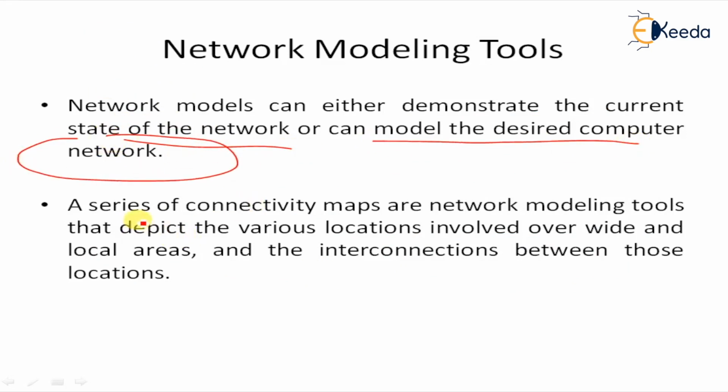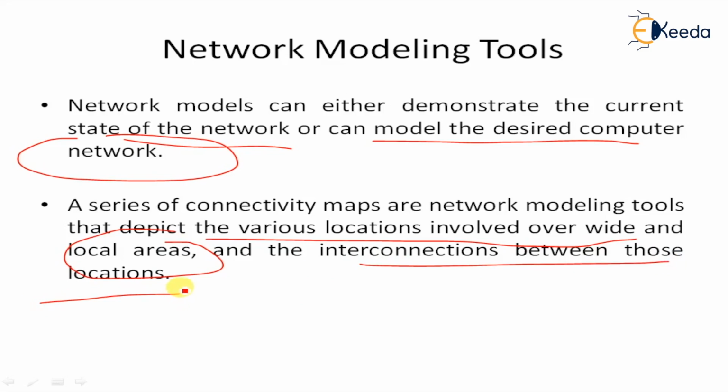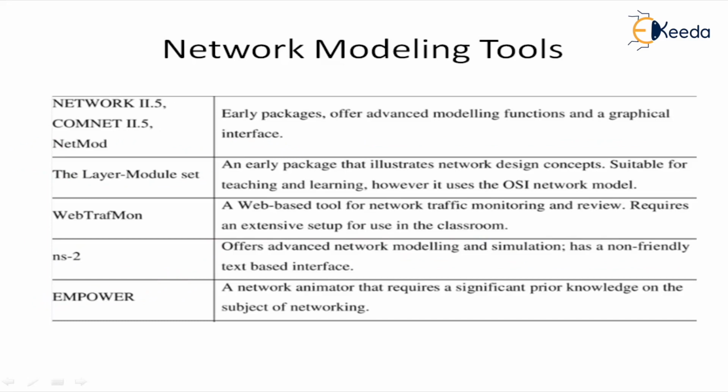Connectivity maps are network modeling tools that cover the various locations involved over wide and local areas. They are useful between the LAN and the WAN, and for their interconnection between those locations. They provide features from LAN to WAN, and all the various networks considered in the particular network.